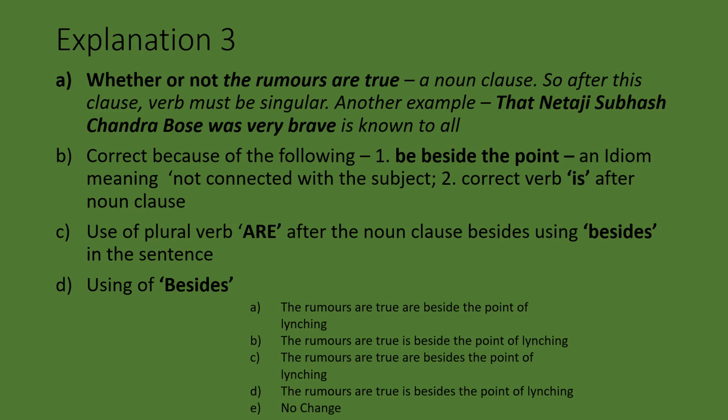So by default, our option A is incorrect, because after the noun clause we have used the word "are": "Whether or not the rumours are true are beside the point of lynching." So we don't look to find any other options, because that is wrong in the sentence. So we'll have to immediately strike it out.